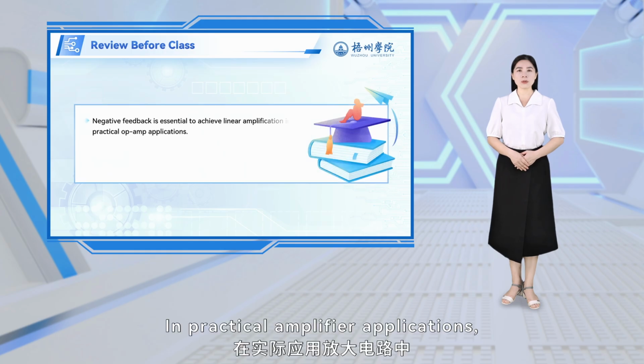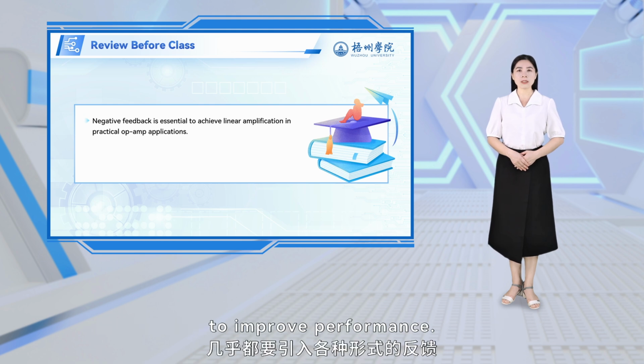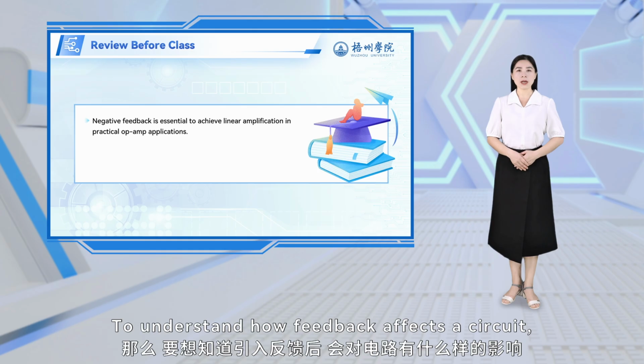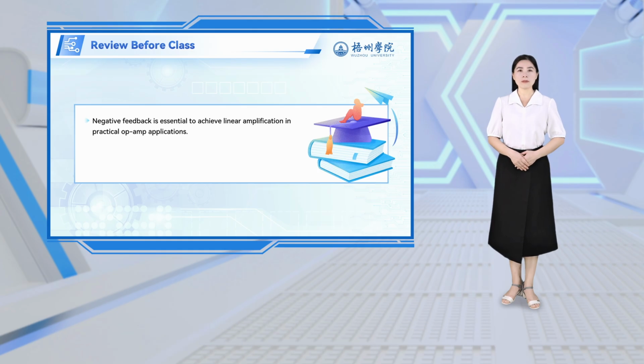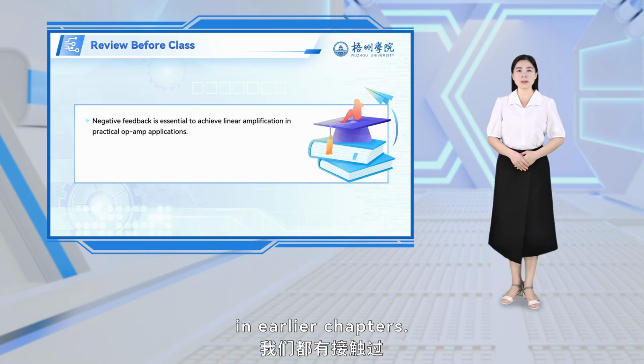In practical amplifier applications, various forms of feedback are always introduced to improve performance. To understand how feedback affects a circuit, we need to study Chapter 5, Feedback Amplifiers. In fact, we've encountered the concept and application of feedback in earlier chapters.